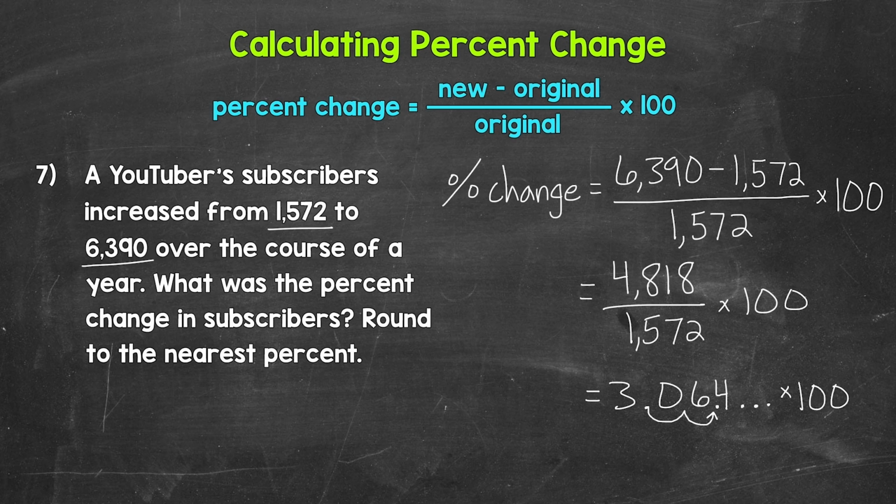So let's round this to the nearest percent. We do that by rounding to the ones place. We have a 6 in the ones place with the 4 to the right in the tenths. So does this round to 306% or 307%? Well, 306%. So this is approximately, and I'm using the approximately symbol here since we are rounding, approximately 306%.